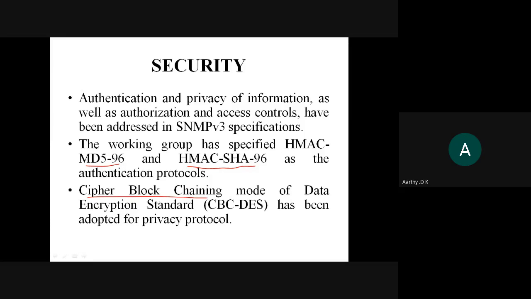We are not going to deal with how these algorithms work. We'll just know what algorithms they are using. So to provide security, SNMP version 3 uses MD5 and the SHA algorithm for authentication, and cipher block chaining, that is your DES algorithm, Data Encryption Standard. So the DES algorithm is used for doing the encryption.